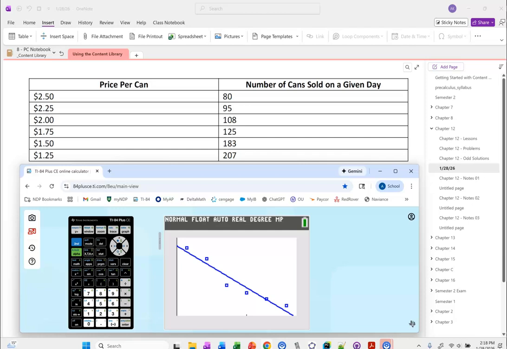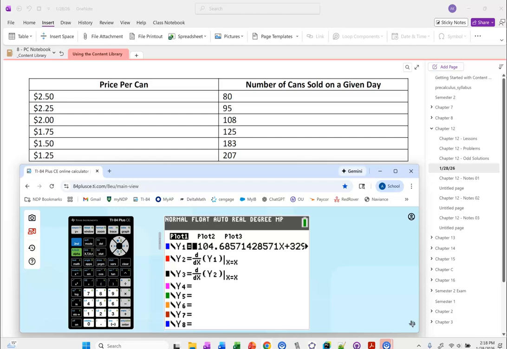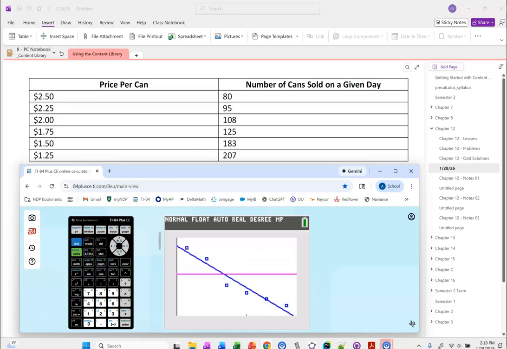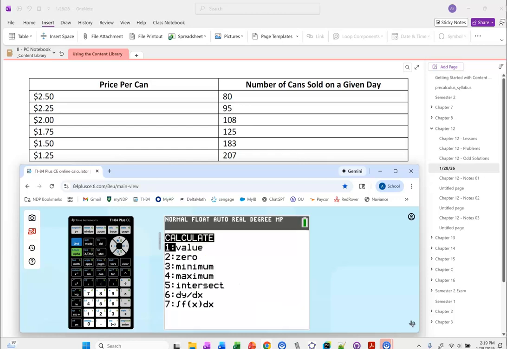So what you'd want to do is find where 150 intersects our model. I'm going to go to my Y equals, save these things because I want them for another class, and just type in 150 as a Y, and hit graph. And I'm going to find that intersection. On my calculator, I can press second and calc.